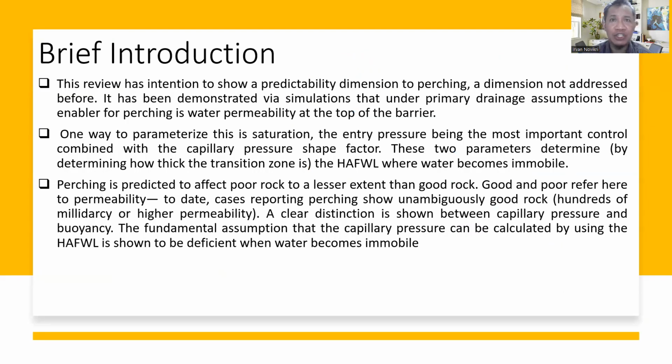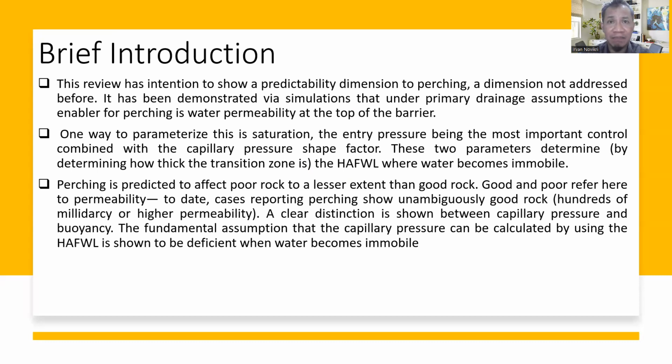A brief introduction: continuous understanding of perching, a phenomenon not previously explored. Through simulation, it is demonstrated how water permeability at the top of the barrier plays a crucial role in enabling perching.